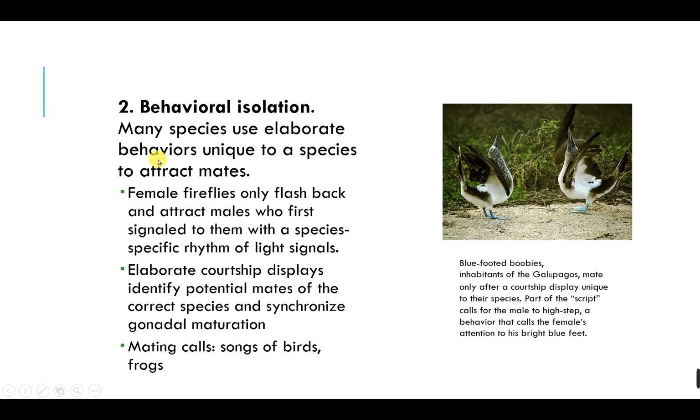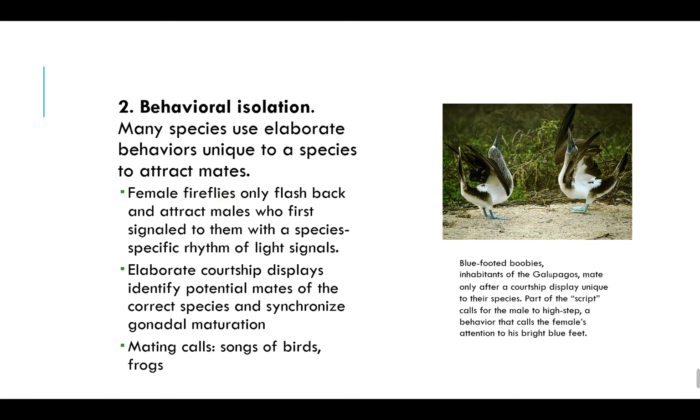The second one, behavioral isolation. We talked about this earlier. Many species use elaborate behavior unique to the species to attract mates. For example, in fireflies, the light signal is specific to each species.